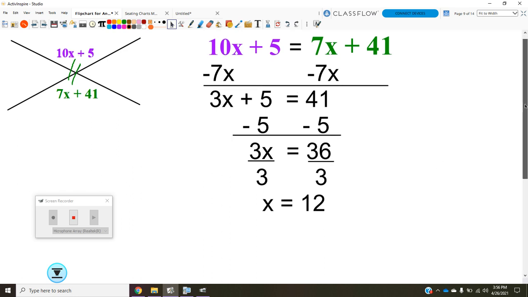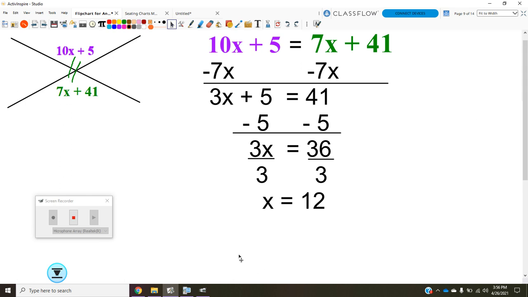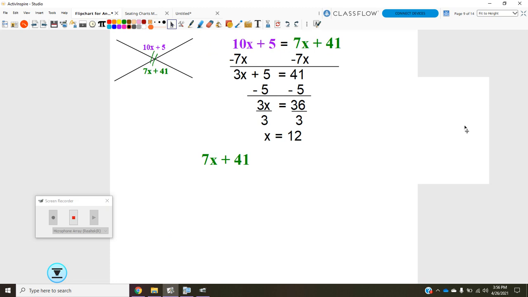Our goal is still to figure out what the two angles are. So it doesn't matter which angle you solve for first. Okay, so I've got 7x plus 41. I'm subbing in 12. 7 times 12 plus 41, do that right on your calculator, is 125 degrees.